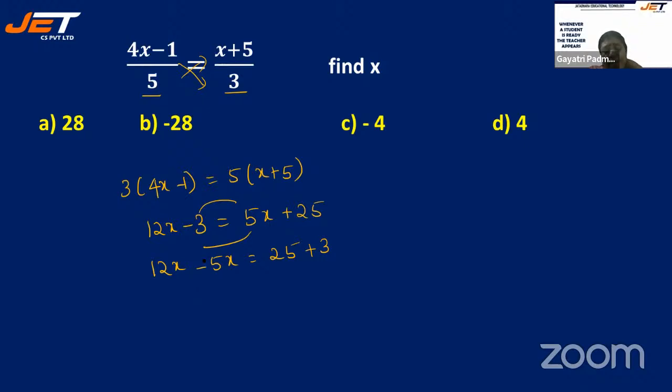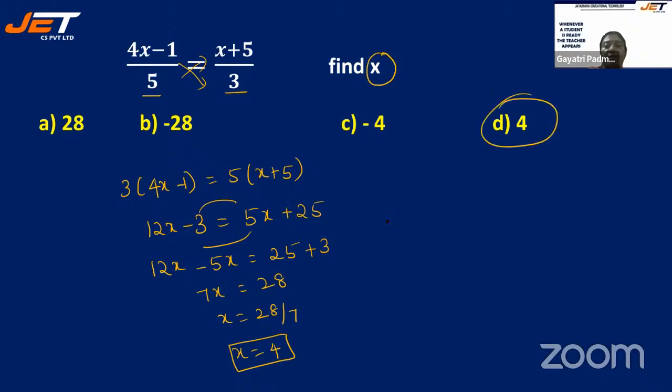So 12 minus 5 is 7x. 25 plus 3 is 28. So x is equal to 28 by 7. x is equal to 4. 7 3s are 21, 7 4s are 28. All right. So what are they asking? The value of x only. Therefore, the value of x is option D.